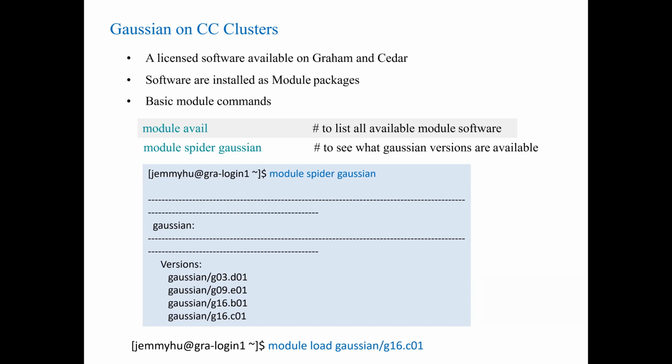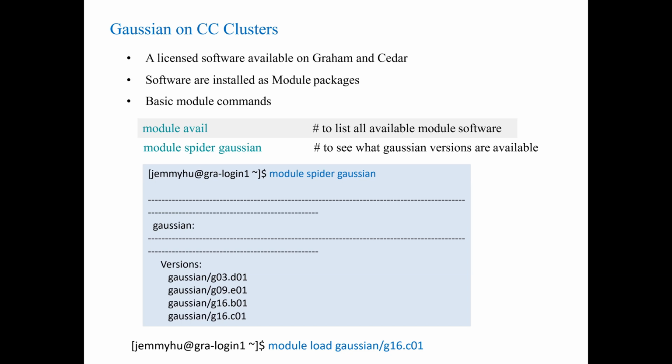So I think all of you are aware of this. If you'd like to run Gaussian, you either go to Graham or you go to Cedar, or you can do it on both, but not on other clusters.